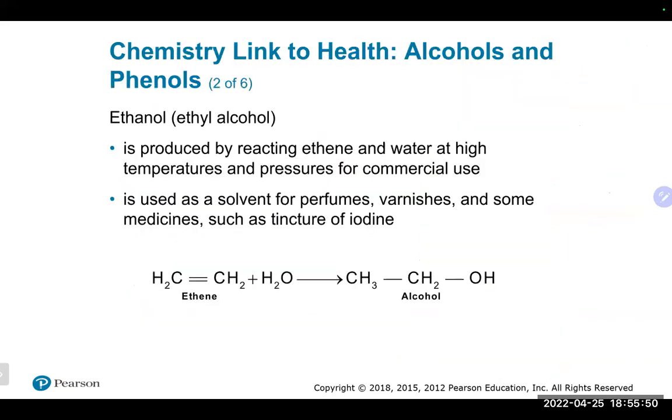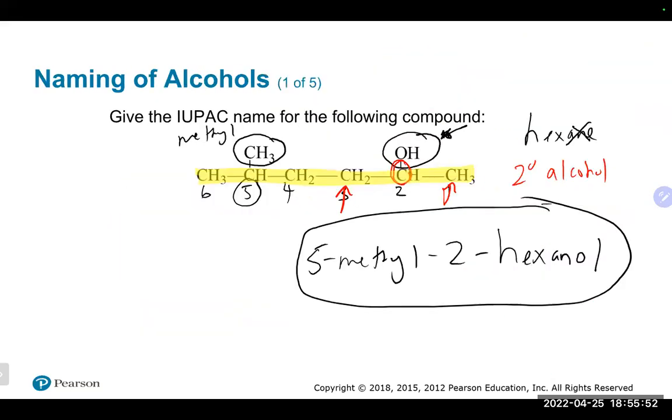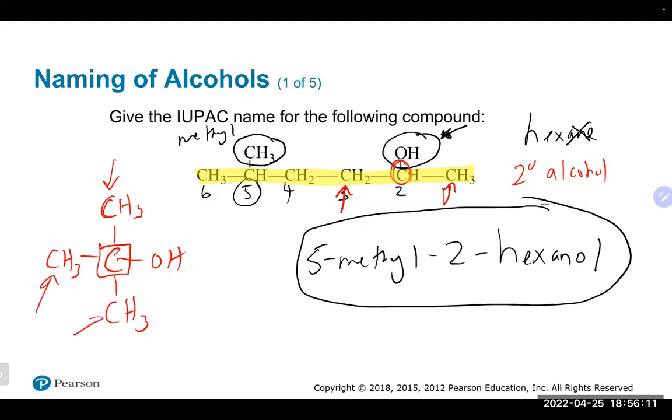You draw maybe something here. This one would be primary, secondary, or tertiary. It would be, this is the carbon that has the OH group. It has 1, 2, and 3 carbons attached to it. It would be a tertiary alcohol.